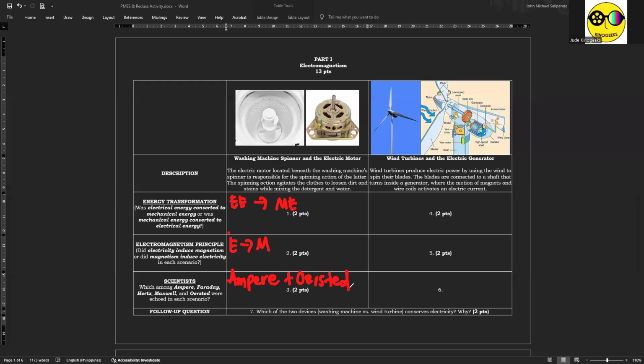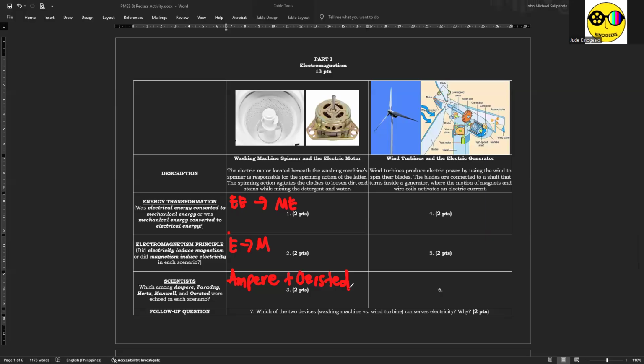For those of you who already forgot their contributions to electromagnetism: Ampere established the principle that electricity induces magnetism, while Ørsted was responsible for the idea that current-carrying wires produce electric fields and magnetic fields.